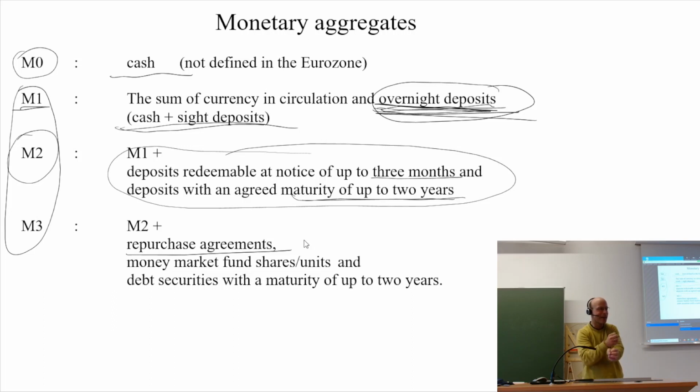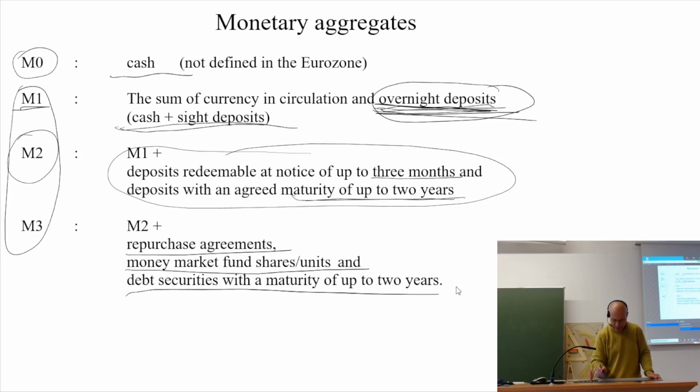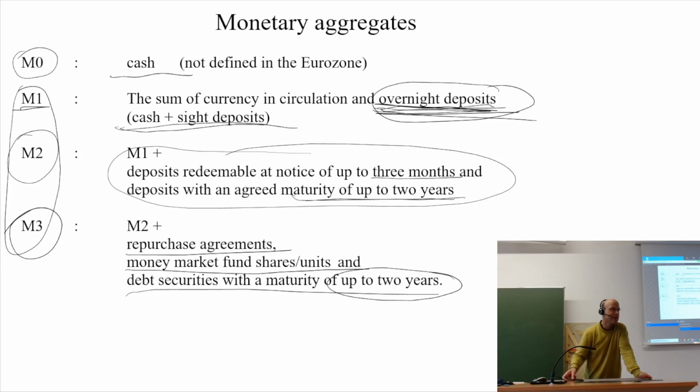And only these things are exchanged between the financial institutions, or money market funds, debt securities, and also here in general, one looks at a maturity up to 2 years. And if you are looking in the newspaper, in the media, or somewhere else, and it is talked about the volume of money increasing, if it is not further specified, in general, this money aggregate M3 is meant. Okay, question?